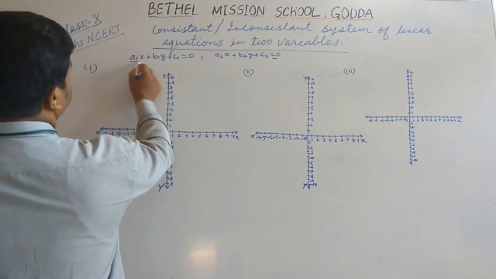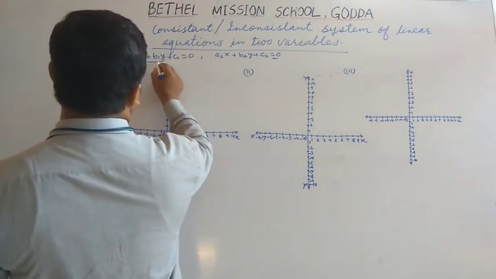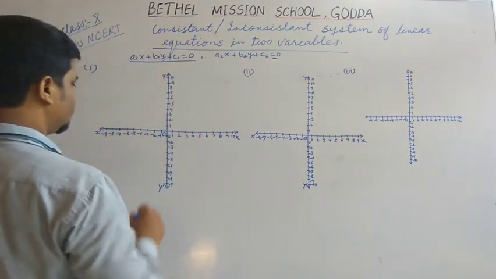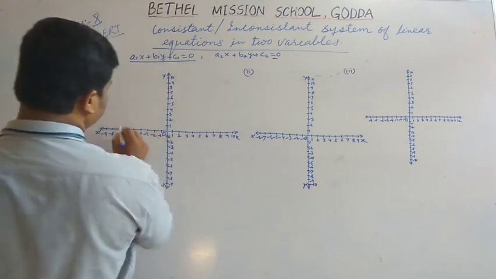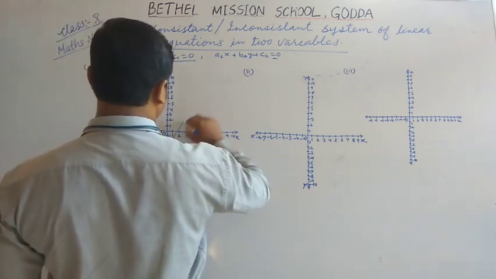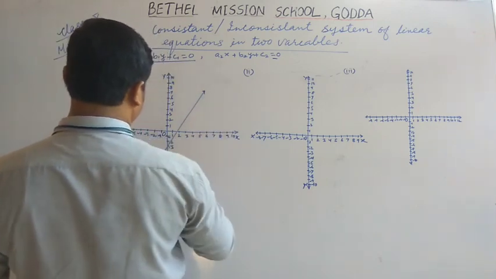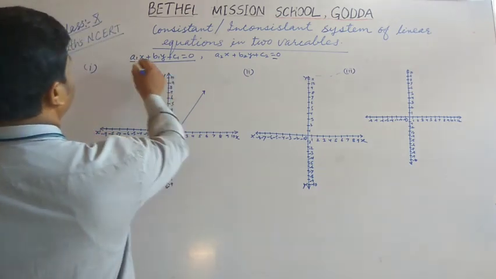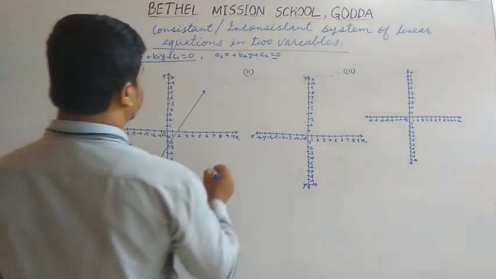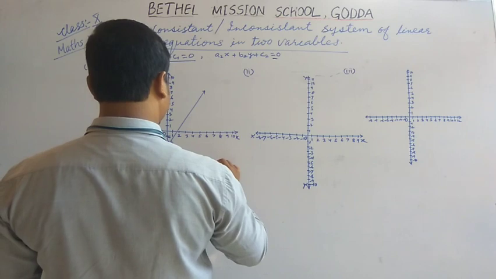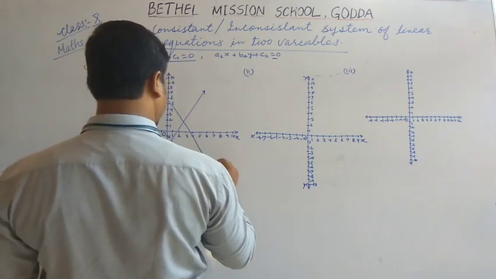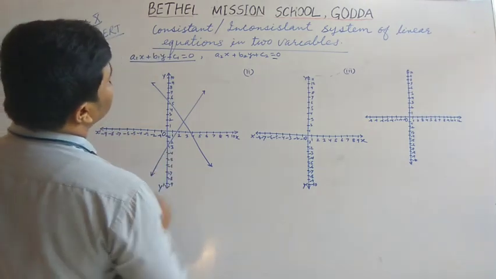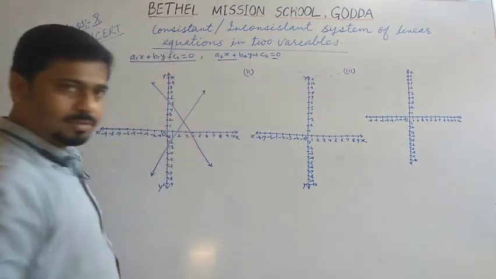If you draw the graph of this linear equation, the line will be straight. This is the graph of this equation, and if you draw another, suppose this is coming, this is the graph of the other equation.